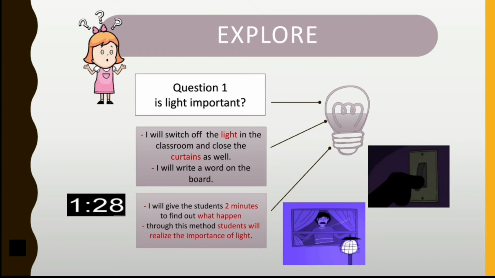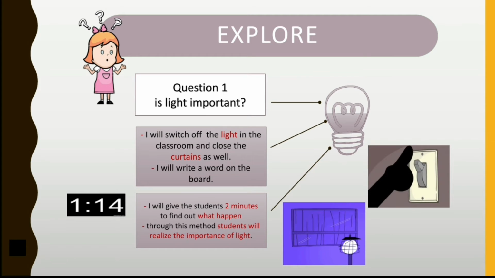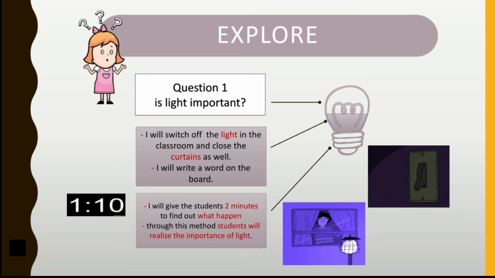After that, I will give the students 2 minutes to find out what happened when the lights are off and the curtains are closed in the classroom. Through this method, students will realize the importance of light.